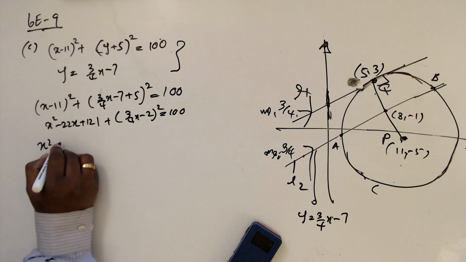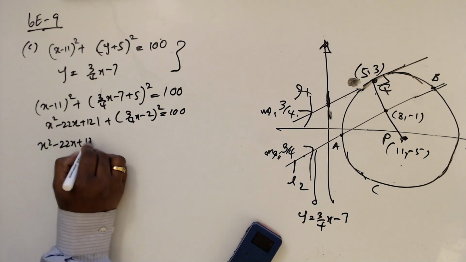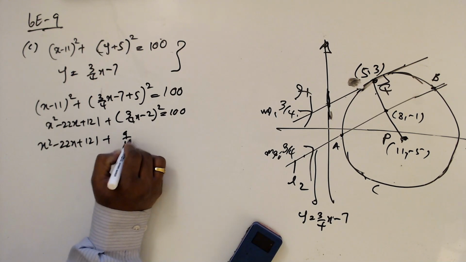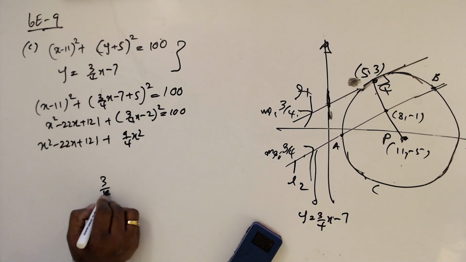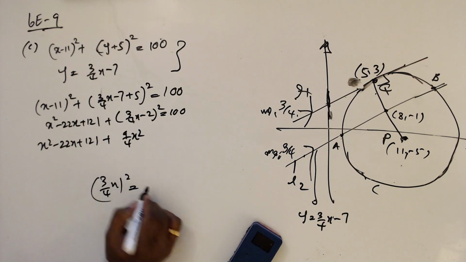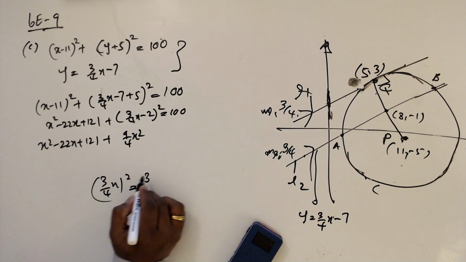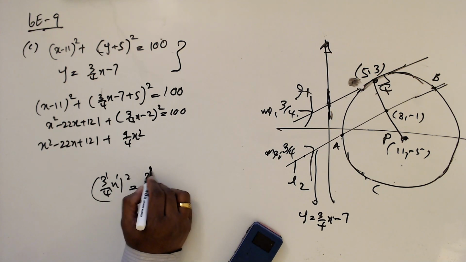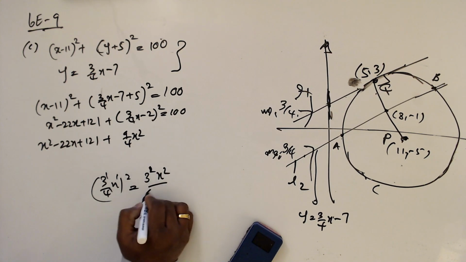So x² − 22x + 121 plus, this is 9/4 x². What does (3/4 x)² mean? This is all one power, so 3², x², 4².